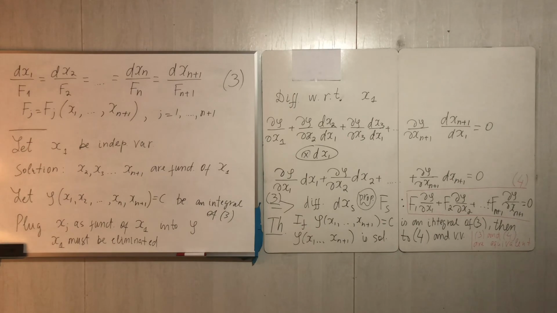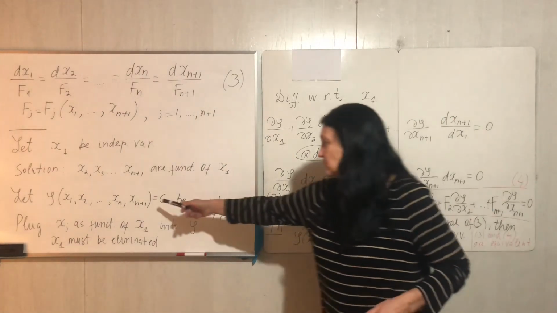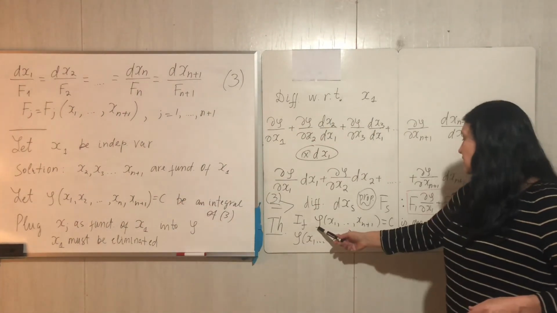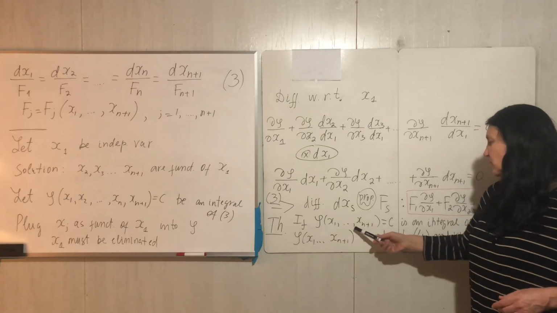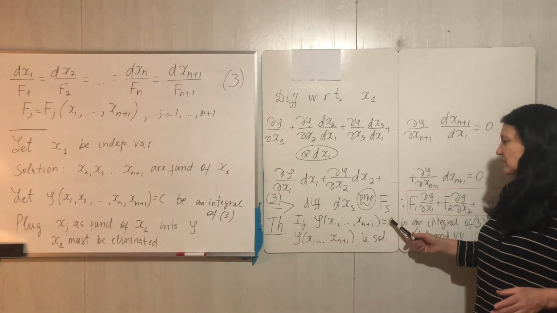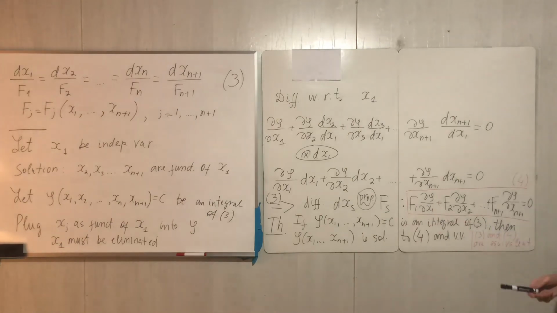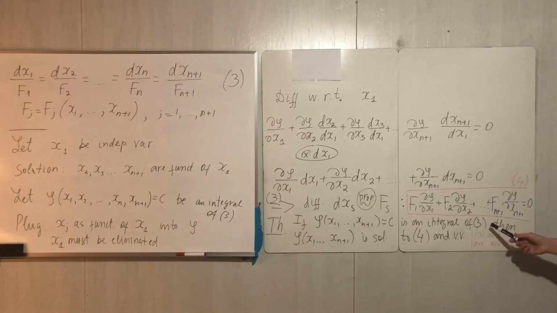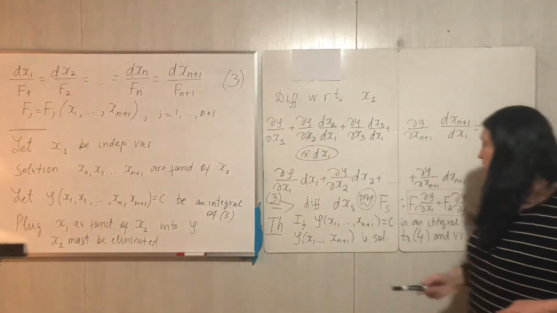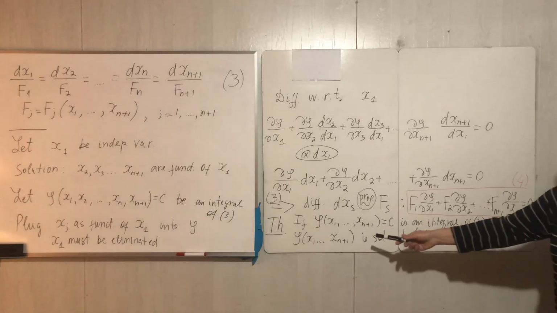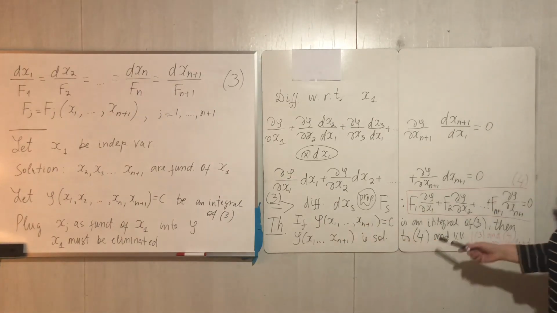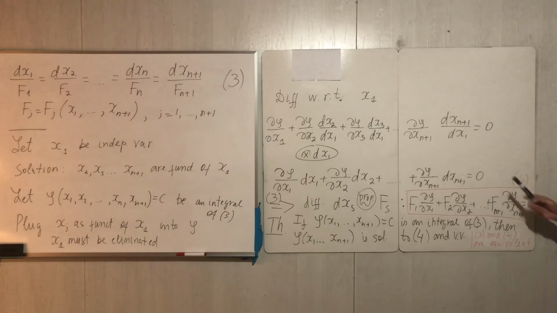And basically what we just discussed we can summarize as a theorem: if we started from here, right, if the function phi of x1, xn+1 equals c, if this expression is an integral of this system 3, then the function phi itself is a solution to this PDE 4.